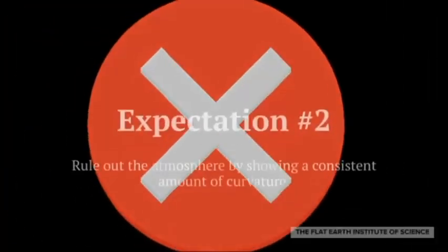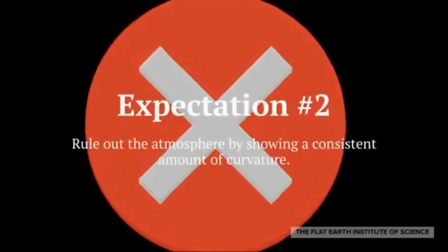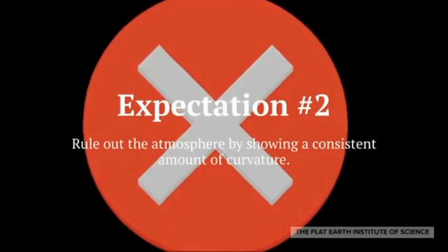But as we go all the way across, all of a sudden we start getting these big long stretches of straight horizon. So that's not showing us a consistent amount of curvature. It's a lot flatter over here than it was over here. So with that, Mr. Sensible failed to meet expectation number 2.